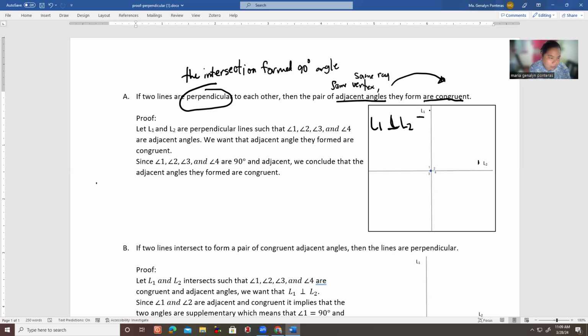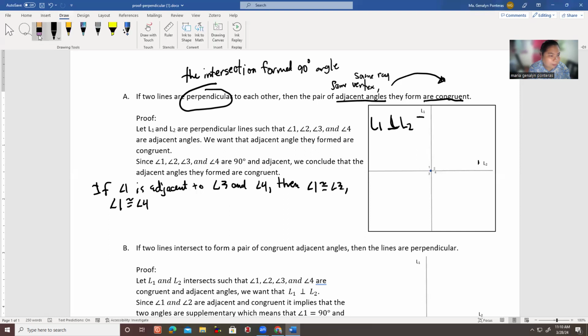Let's say class, if angle 1 is adjacent to angle 3 and angle 4, and we want that they are congruent, then according to our conditional statement, angle 1 is congruent to angle 3. Angle 1 is congruent to angle 2.